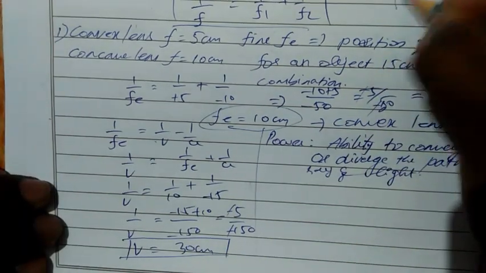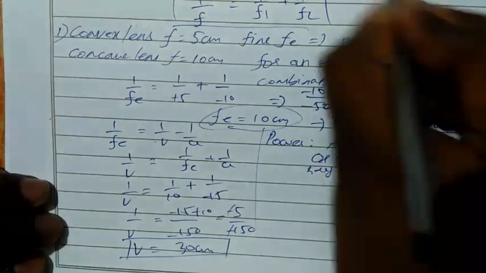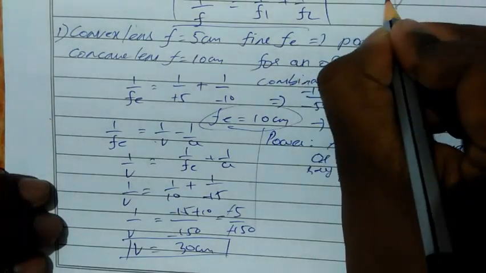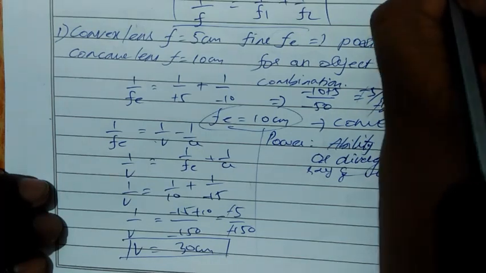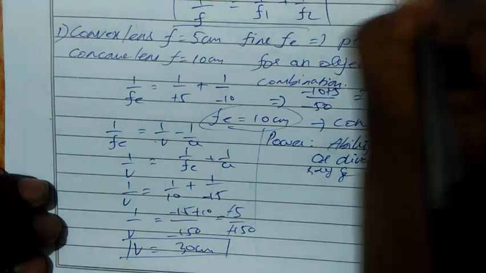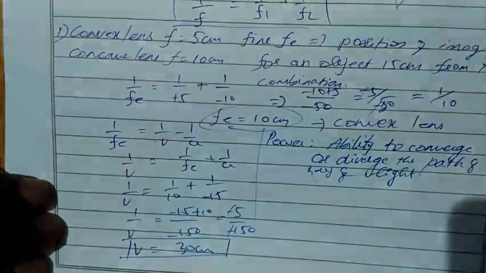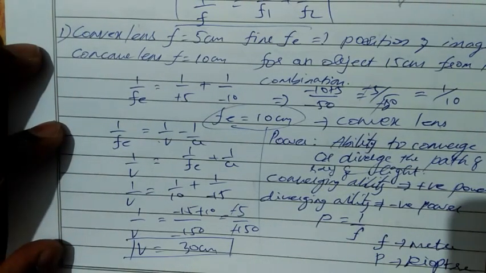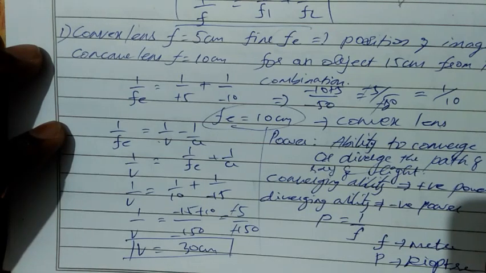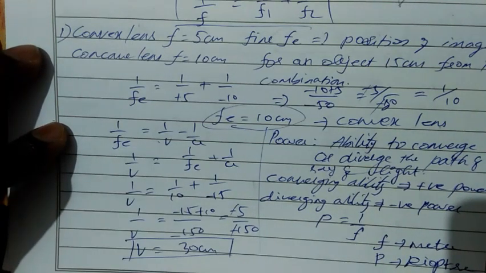A convex lens converges light at a particular point, and a concave lens diverges it. For converging ability, power is positive. For diverging ability, power is negative.